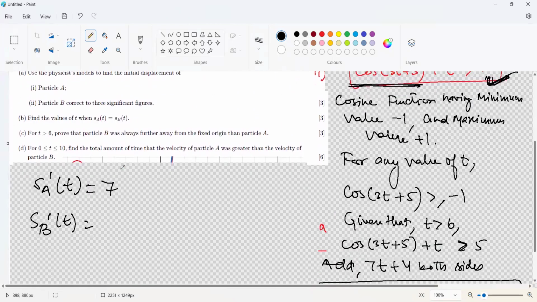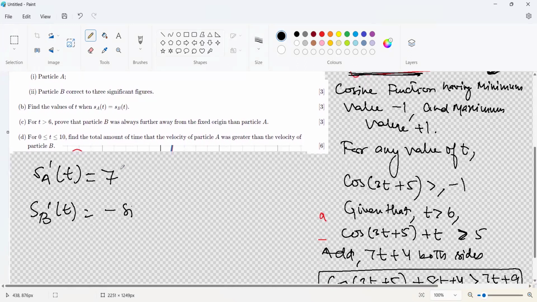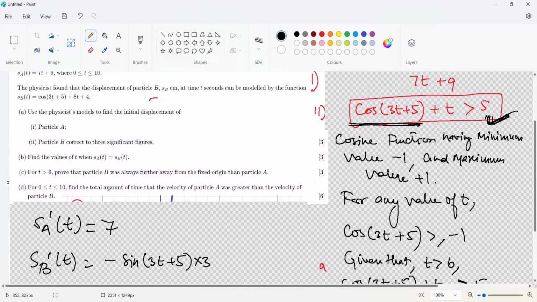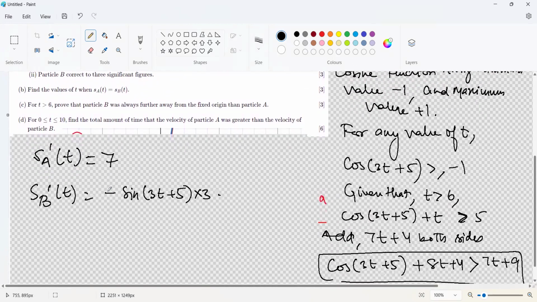Cos 3t plus 5, so it would be minus sine 3t plus 5 multiplied with 3. The chain rule applies here. 8t derivative is 8, 4 derivative is 0. So derivative of SA, derivative of SB, and this is basically your velocity for particle A, and this is the velocity of particle B.